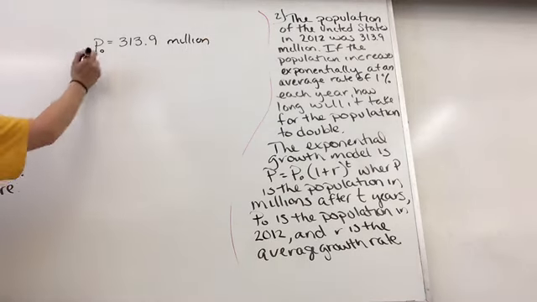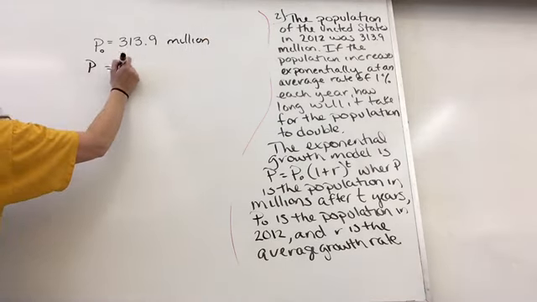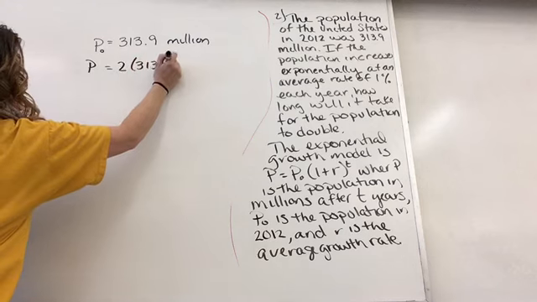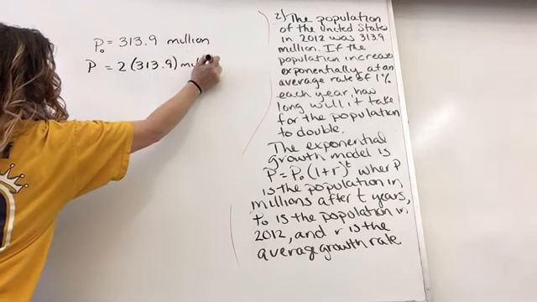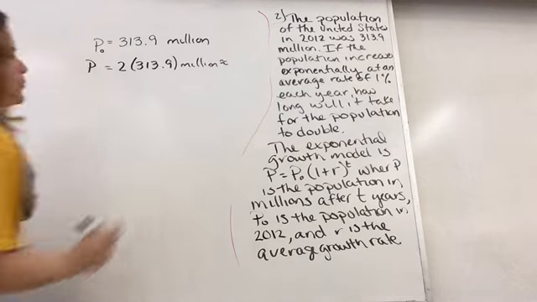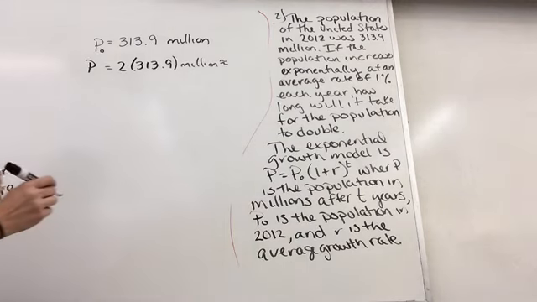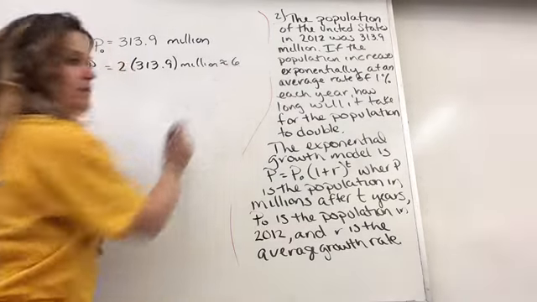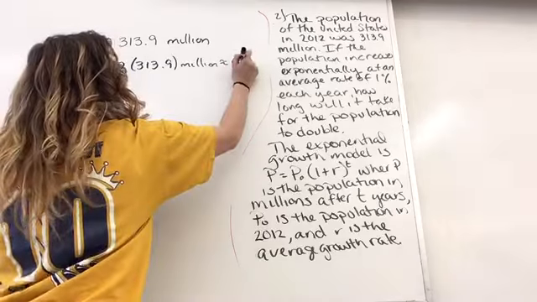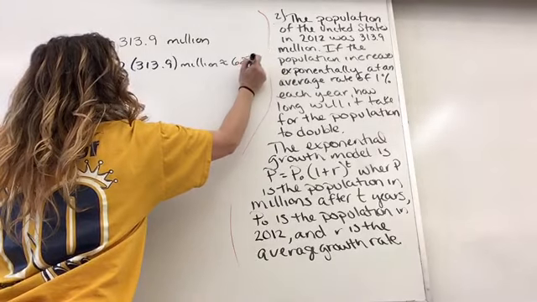So if we want the population to double, that means that's twice this value, which is approximately 627.8 million.